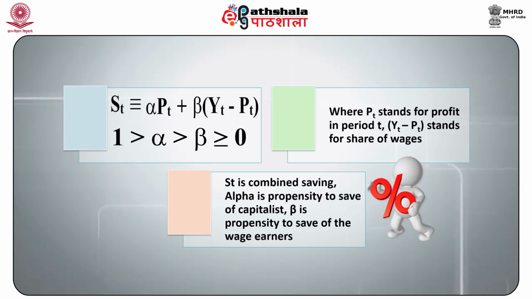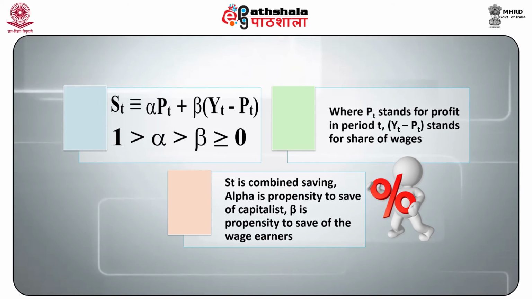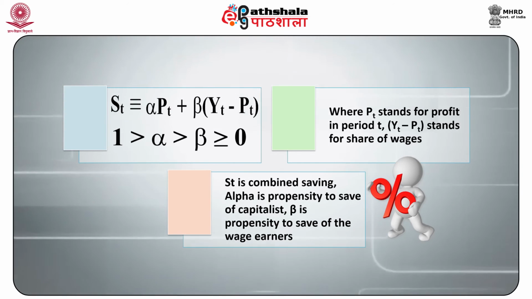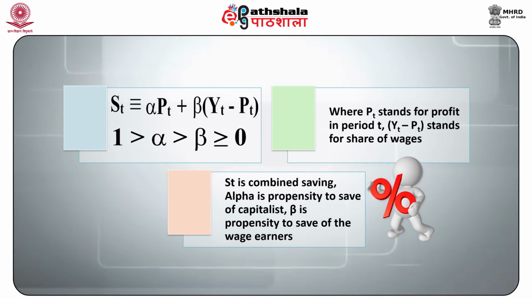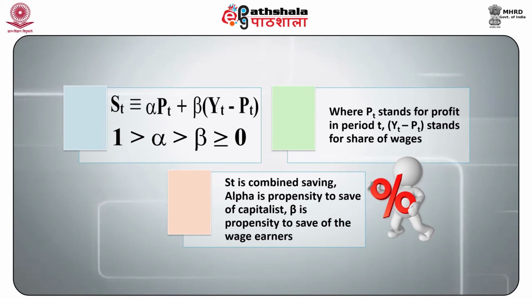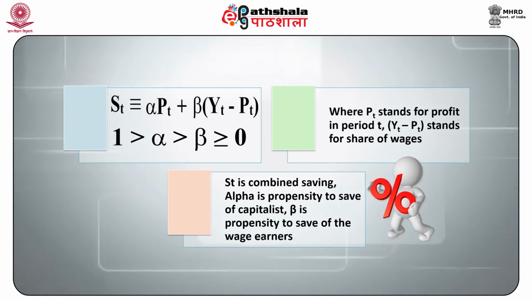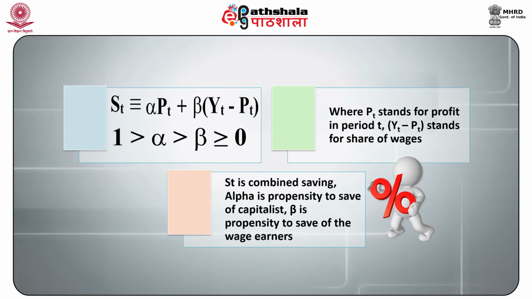Saving at period t is equal to alpha Pt plus beta (Yt minus Pt), where Pt stands for profit in period t, Y minus Pt stands for the share of wages in period t or the share of workers in total income in period t, whereas St is the combined saving.